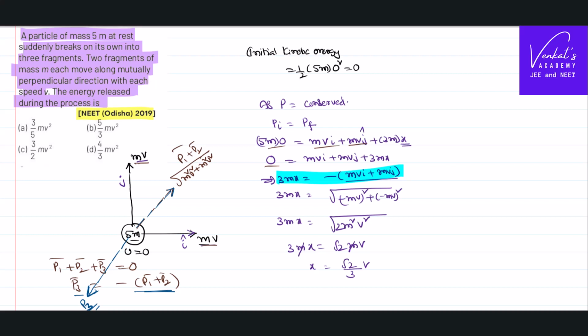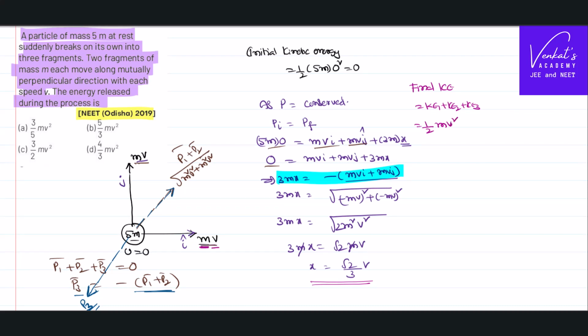Once you got this P3, once you got the final velocity of the third part, I can write the final kinetic energy. Final kinetic energy is the kinetic energy of the first piece, second piece, and third piece. First piece is half m v square.